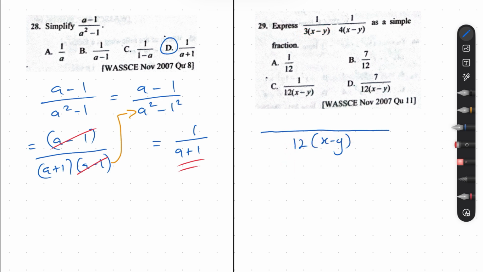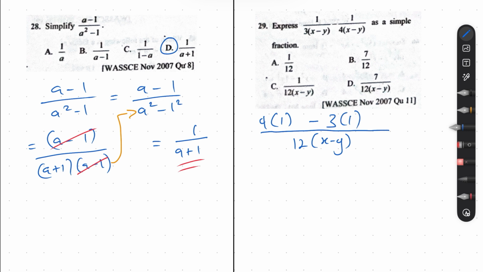So we keep the 4 and multiply it by the numerator, which is 1. On the other side, x minus y will cancel out, and 4 goes into 12 three times. This 3 will multiply the 1 here, so 3 times 1.